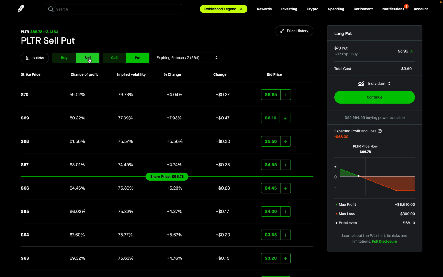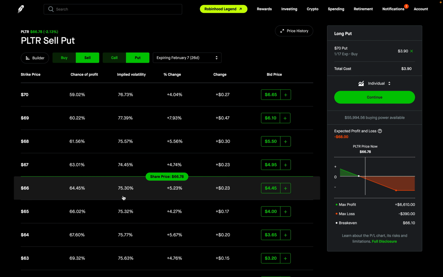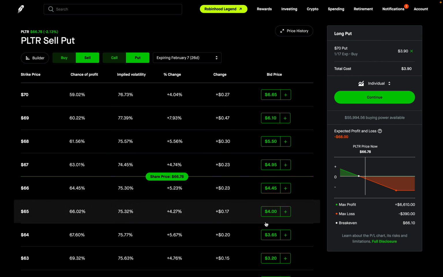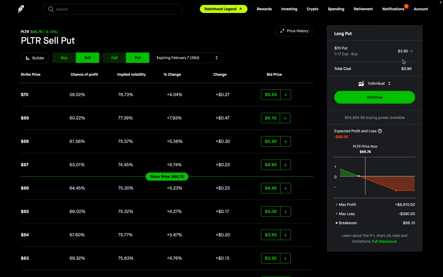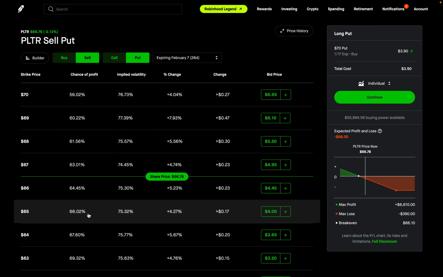So I would switch over to sell and take a look at which put I can sell here that has a lower strike price and that I'm still going to receive a credit for, closing out the put that I originally sold and selling this new cash secured put. In other words, which one gives me at least more than $390 in credit? I could even go all the way down to the $65 strike here.